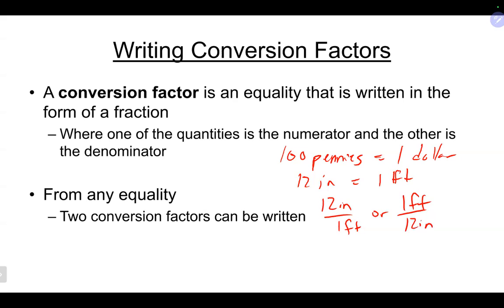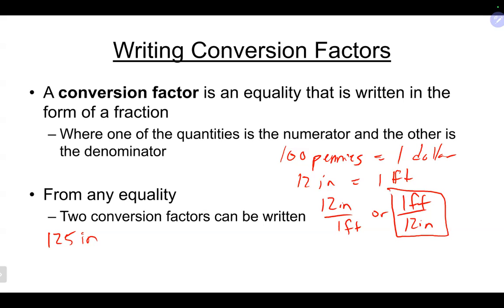In most problems, you definitely do not use both conversion factors. Otherwise, you probably undid your calculation by reversing it. We use whichever one gets us to our final result. So let's say we had 125 inches and we want to know how many feet that is. We take the dimensional analysis approach, where we use the conversion factor that has the unit we want to get rid of in the opposite location.